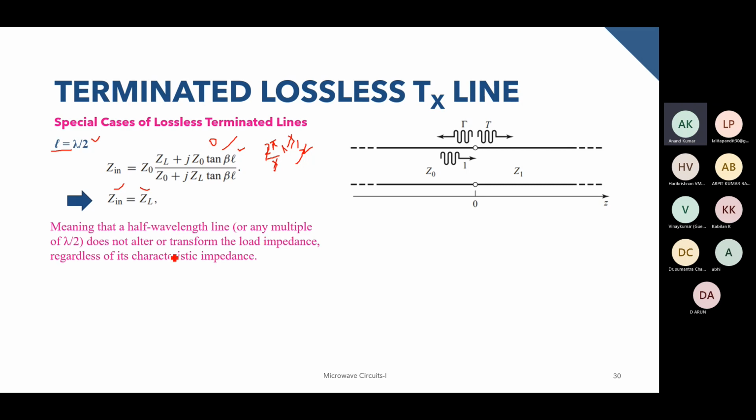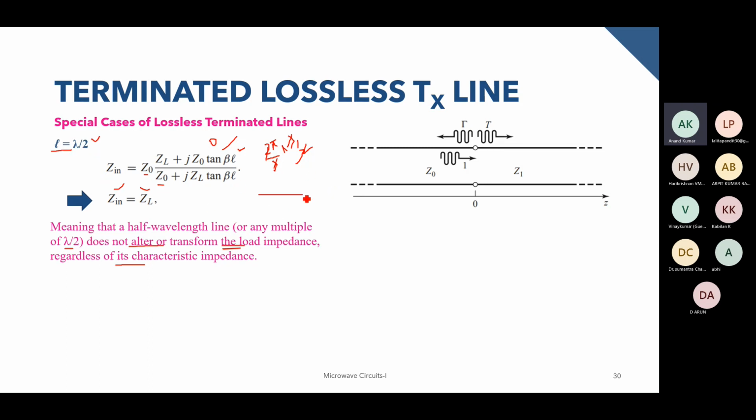A half wavelength line, or any multiple of lambda by 2, does not alter or transform the load impedance, regardless of its characteristic impedance. You can see Z naught vanishes from this expression in the case of L equal to lambda by 2.